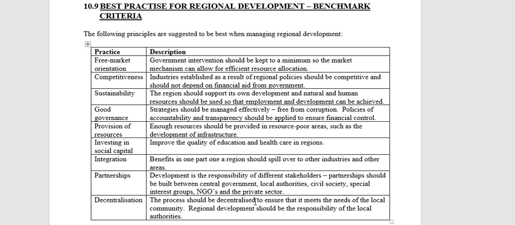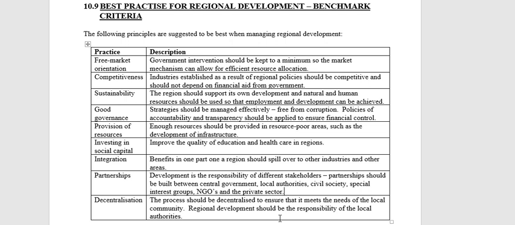Remember, the whole idea with the PPPs is that the investment for industrial development would come from the private sector. The government gives the infrastructure, yes, but it's a partnership, a cooperation between the government and the private sector.